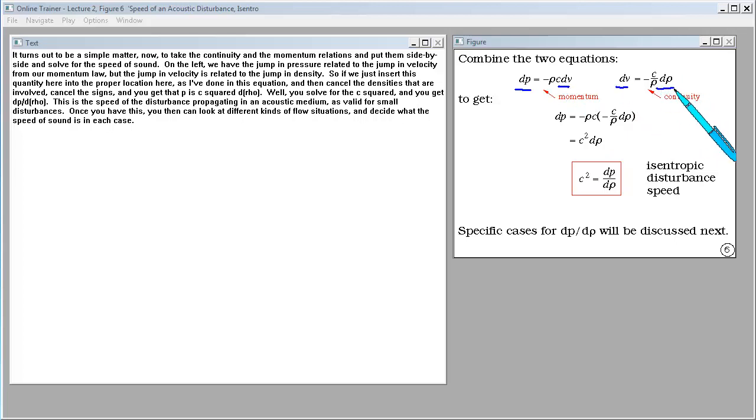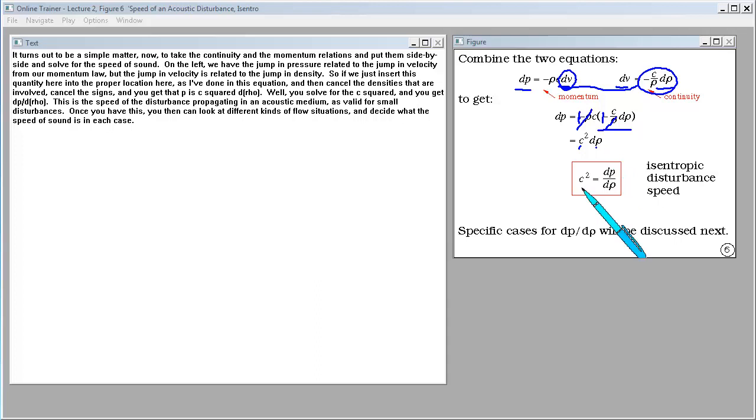So if we just insert this quantity into the proper location, as I've done in this equation, and then cancel the densities and cancel the signs, you get that dp is c squared d rho.